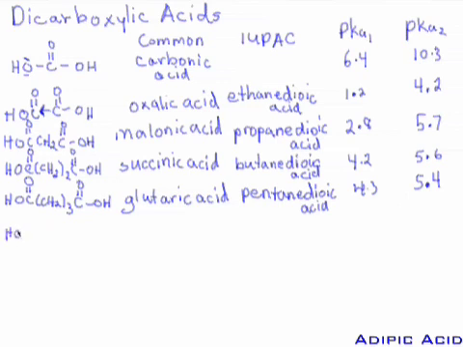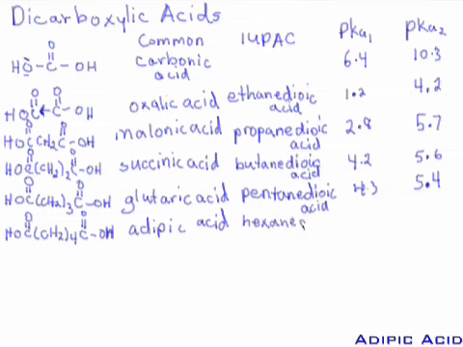For hexane, we have what is called adipic acid. Adipic acid, or hexane dioic. pKa 4.4.